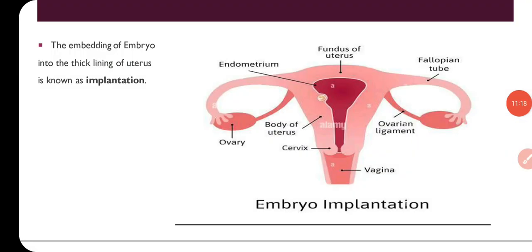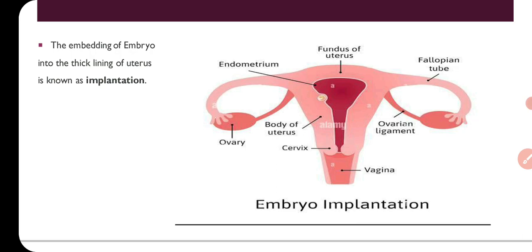When the egg gets fertilized, it is called a zygote, and this process takes place inside the fallopian tube or oviduct. As the fertilization completes, the zygote, which is a single-cell structure, divides again and again and becomes a ball of many cells, and at this time it is called an embryo.